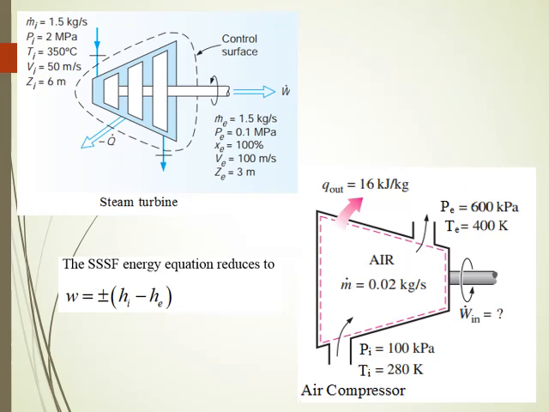So the steady state flow energy equation reduces to W = Hi - He. Here we have neglected the heat transfer, but if the heat transfer is significant, then you can consider it while doing numerical problems. The positive sign holds for the turbine, that is power producing devices, whereas the negative sign holds for the air compressors.